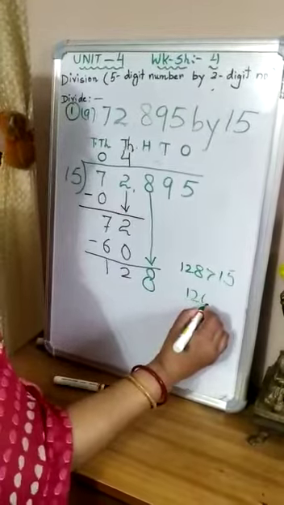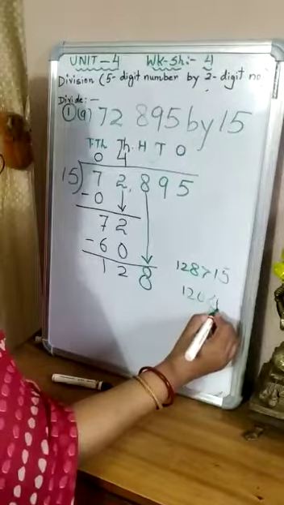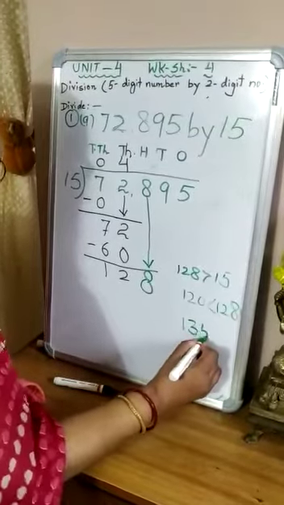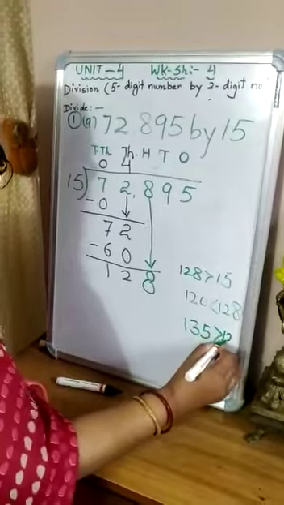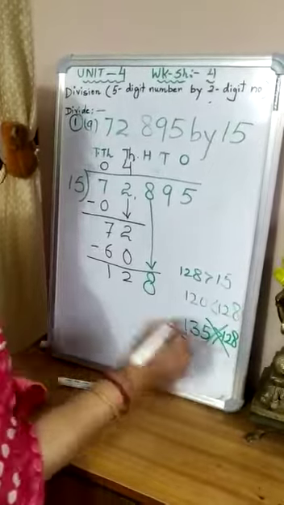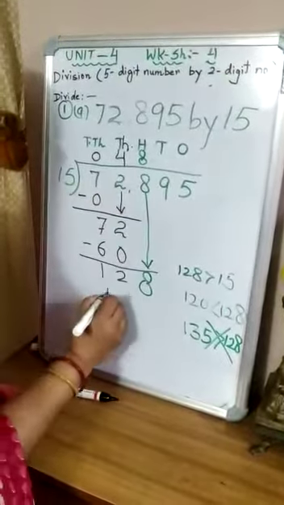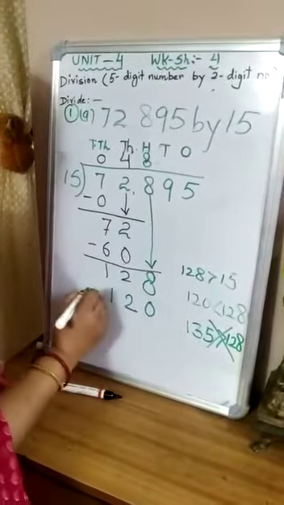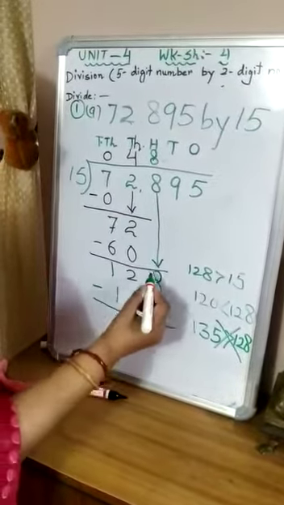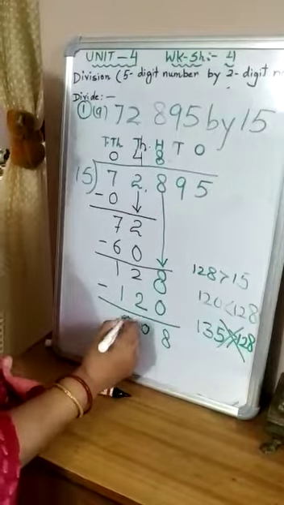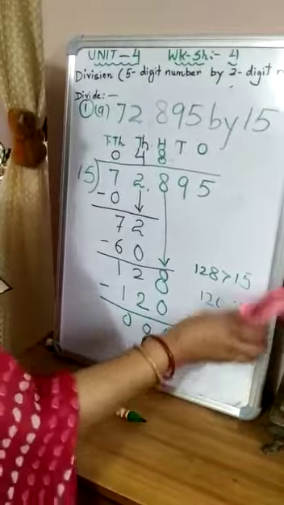Here 15 eights are 120, which is less than 128, but 15 nines are 135, which is more than 128. So what we will do? 15 nines are not possible. 15 eights are 120. Now it is applicable. Now we will do subtraction. 8 minus 0 is 8. 2 minus 2 is 0. 1 minus 1 is 0. Now I am going to erase it.